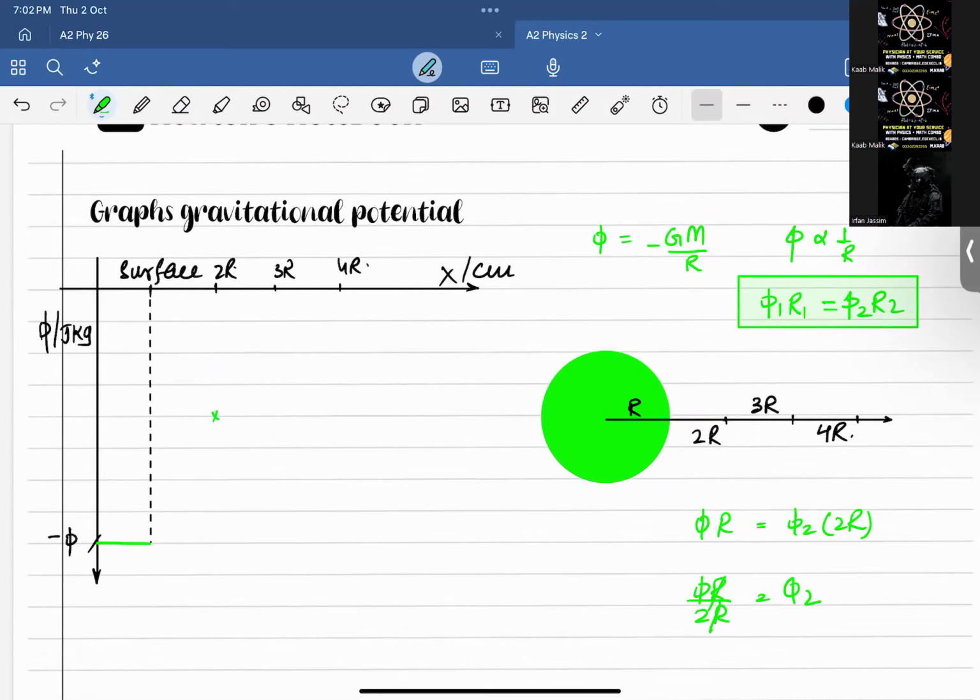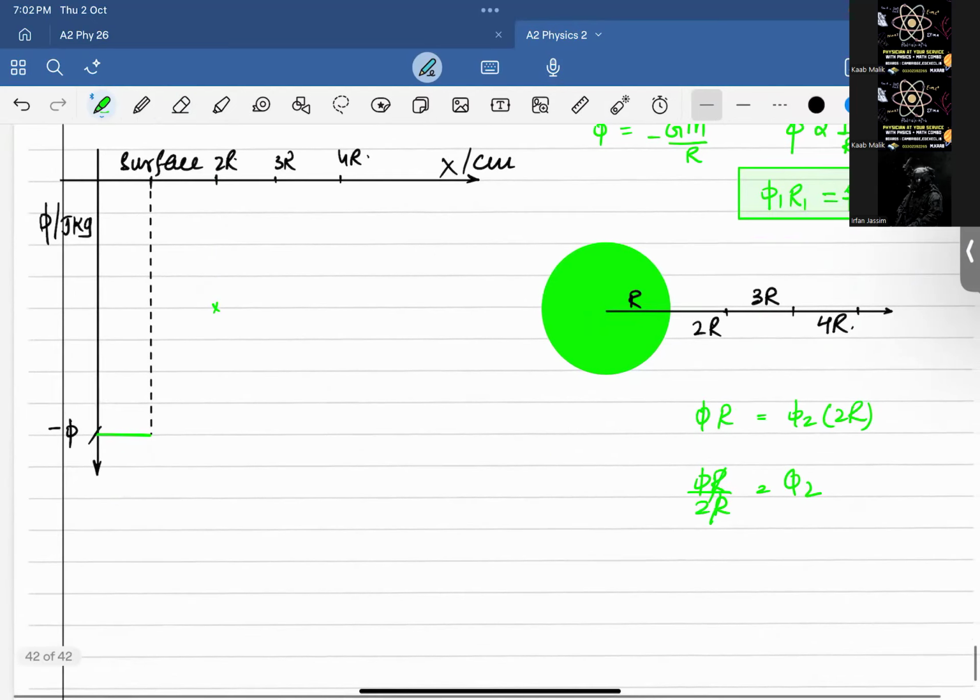Now, for 3r, we can just put back the things in the equation. So phi times r is equal to phi 3 times 3r, so phi over r divided by 3r is equal to 3 phi.